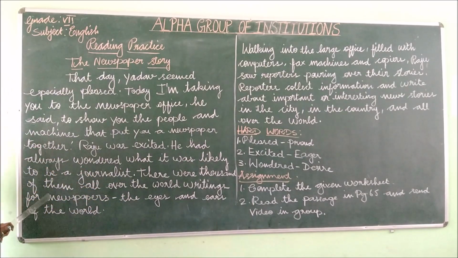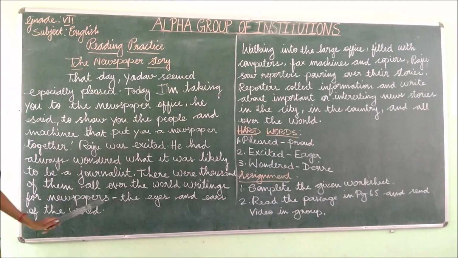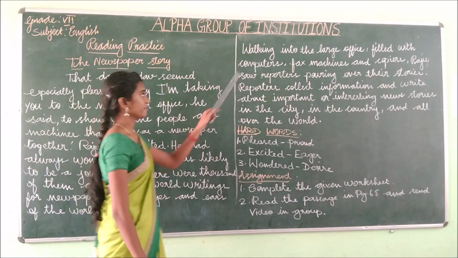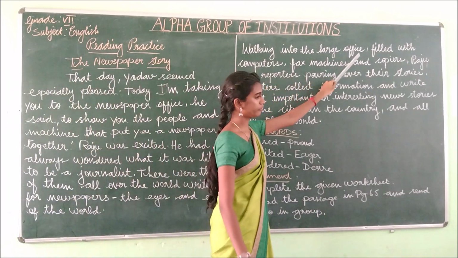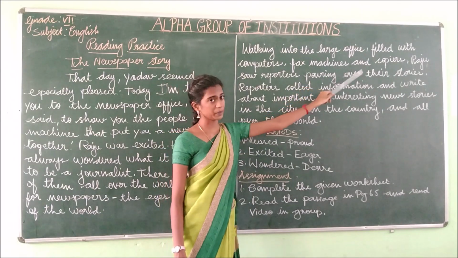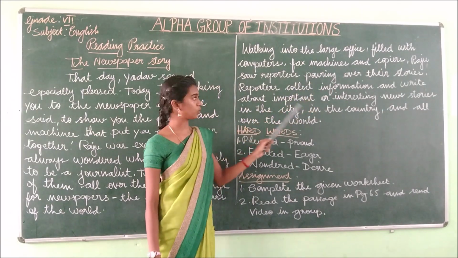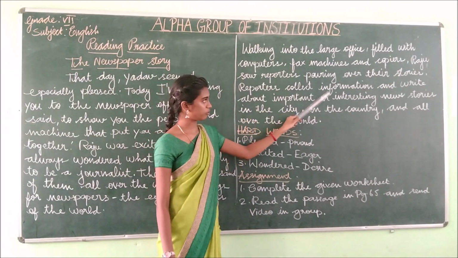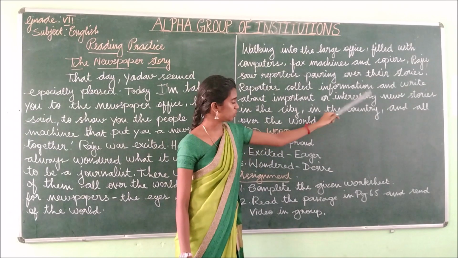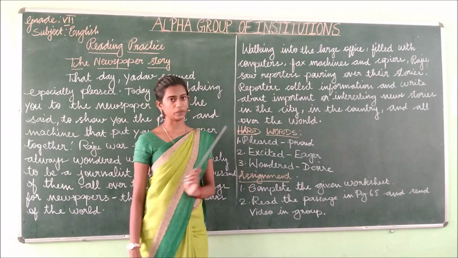There were thousands of them all over the world, writing for newspapers, the eyes and ears of the world. Walking into the large office filled with computers, fax machines and copiers, Raju saw reporters poring over their stories. Reporters collect information and write about important or interesting news stories in the city, the country, and all over the world.